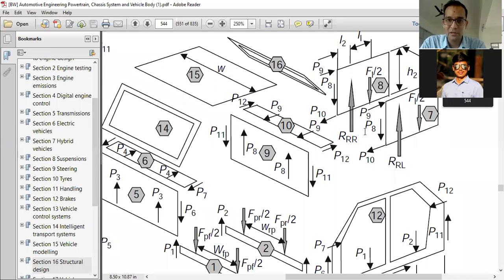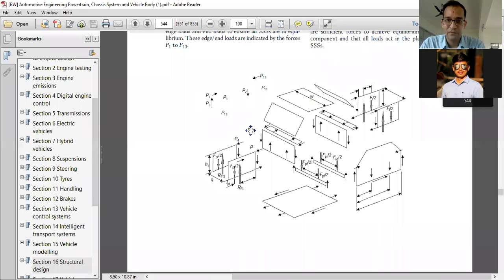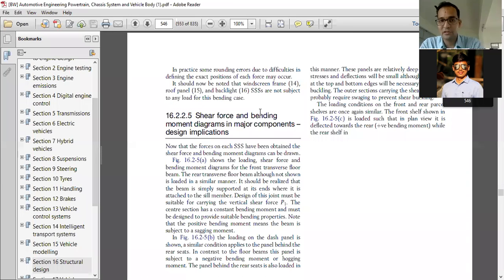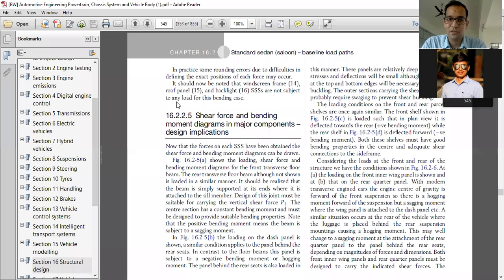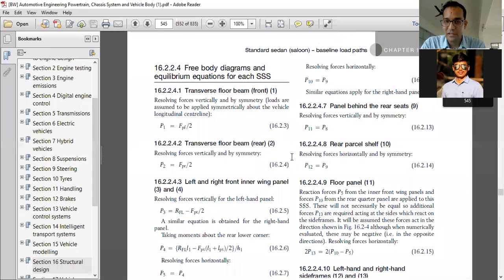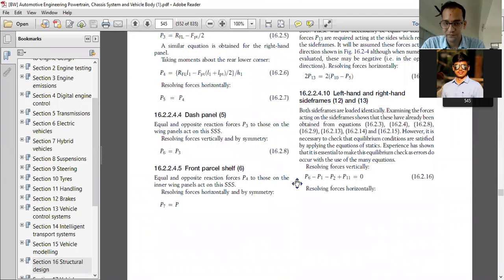If you are able to understand this one, you will be able to understand the other criteria of observation also. Under this kind of loading condition, there will be a whole calculation available for observing those reactions, those load profiles. I'll discuss this and I'll also show the FEA condition in my next lecture.